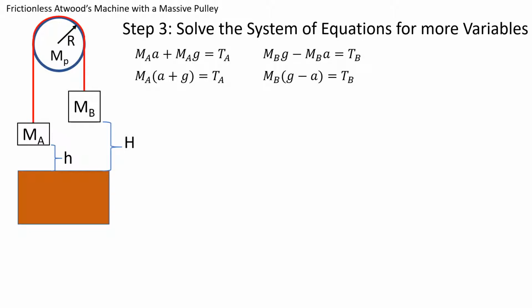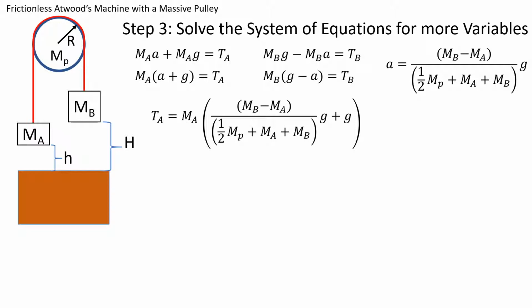So on the left equation here for TA, both terms on the right side of the equal sign have an MA in them, so we can factor that out and get A plus G times MA. And similarly for TB, both terms have an MB in them, and you can factor that out and get G minus A. And of course, A is as we solved for before. So we can put that in.